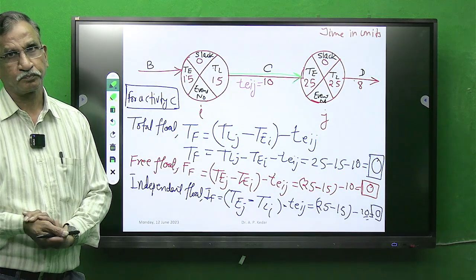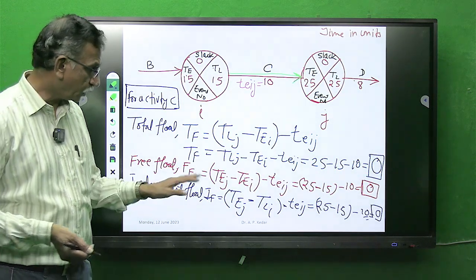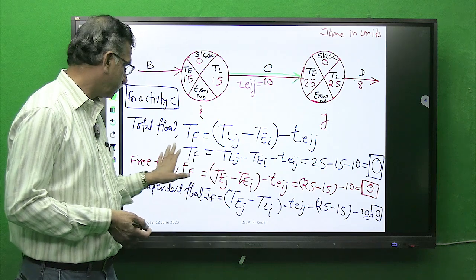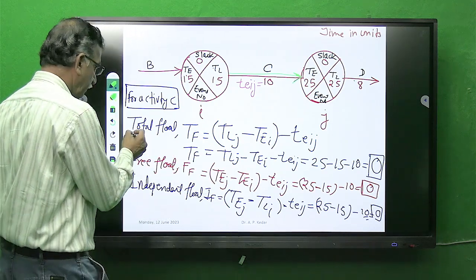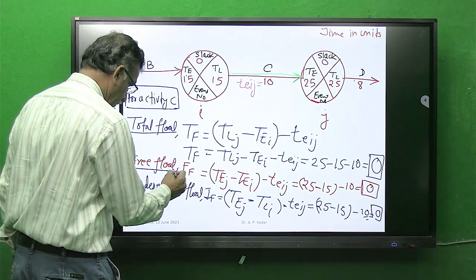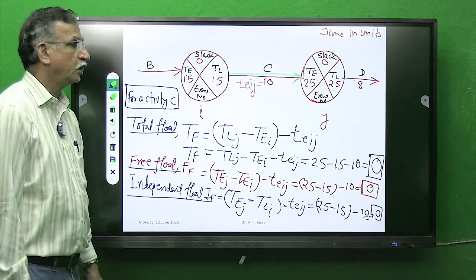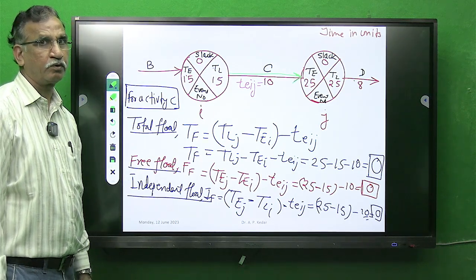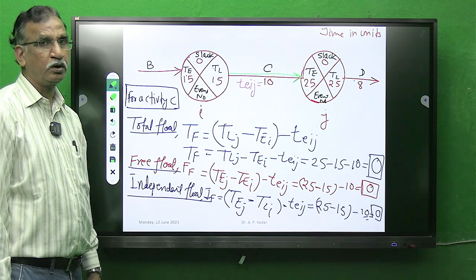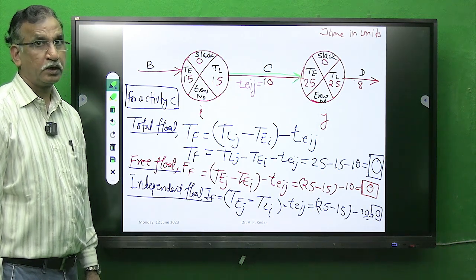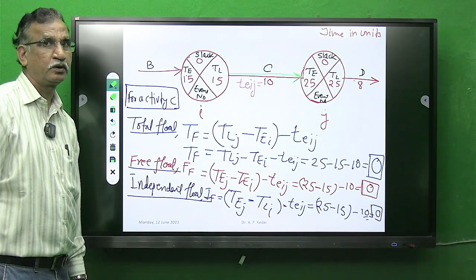Got it? Clear? Now, this is the technicality involved in calculation of all these floats. There are 3 types of floats. And now the fourth is what? Recall? Yes, interfering float.